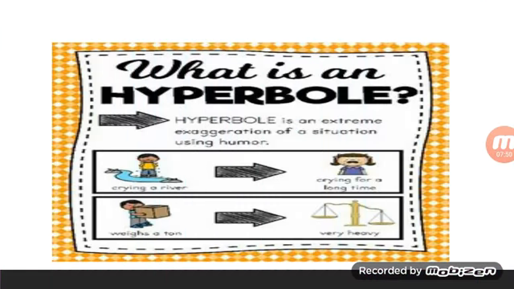Now moving on, what is a hyperbole? So in this slide we are going to learn about hyperbole. It is also a figure of speech. So hyperbole is an extreme exaggeration of a situation using humor. In hyperbole kind of sentences, mainly we are using extreme exaggeration.